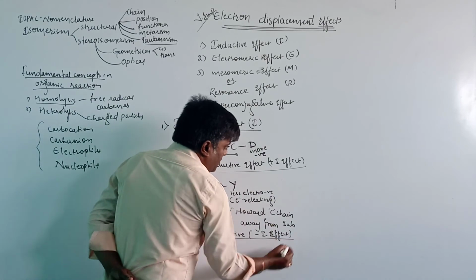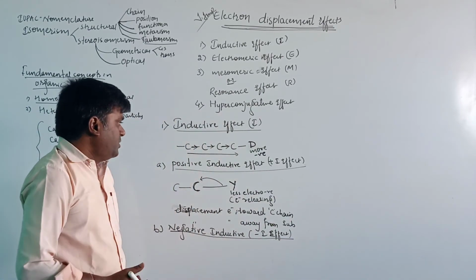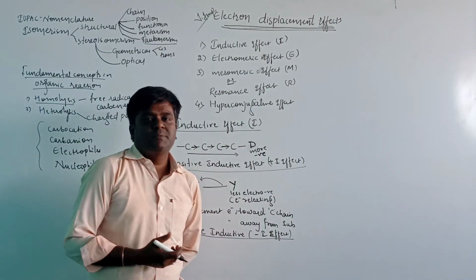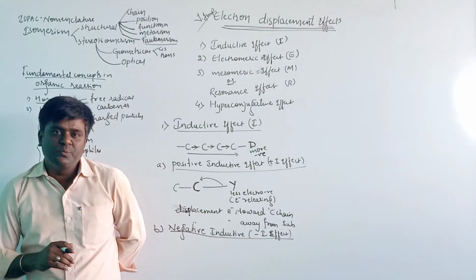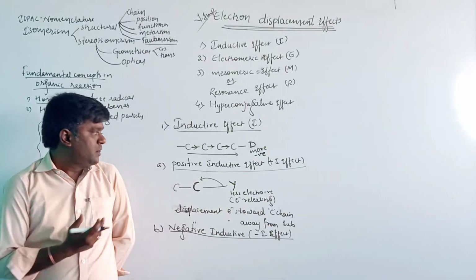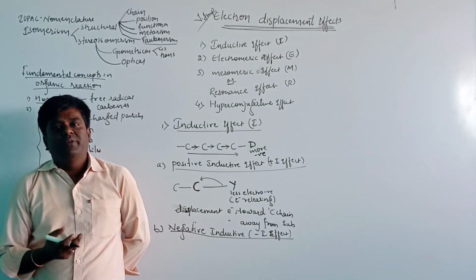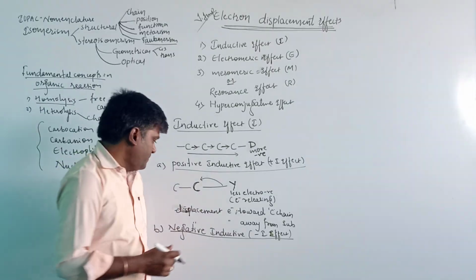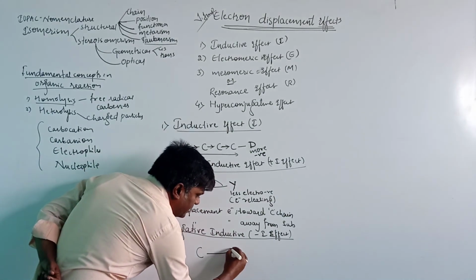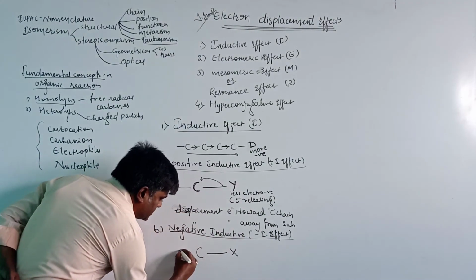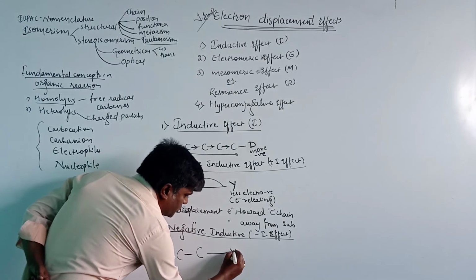Here, the displacement of electrons will take place away from the carbon chain or towards the subsequent group, then it is known as a negative inductive effect or minus I effect. Consider here C and X. This is the carbon chain and this is the subsequent group.